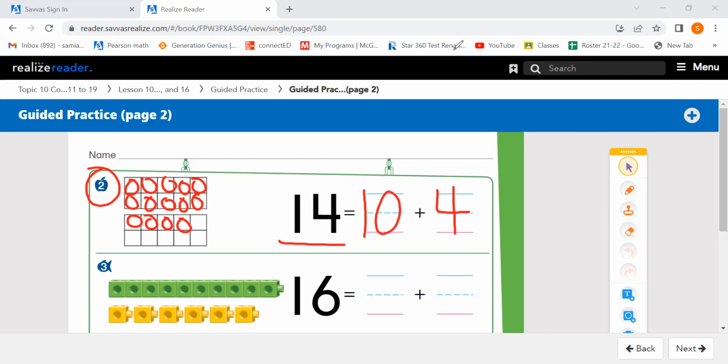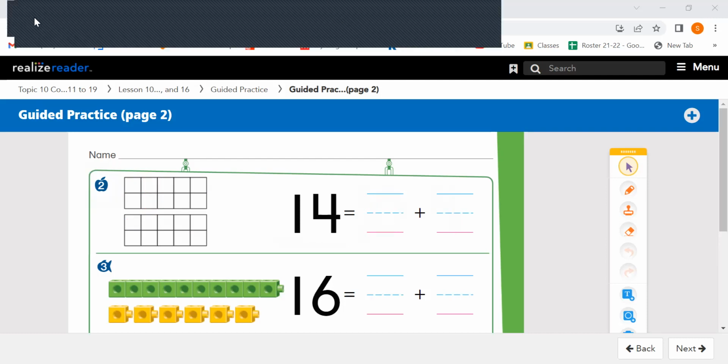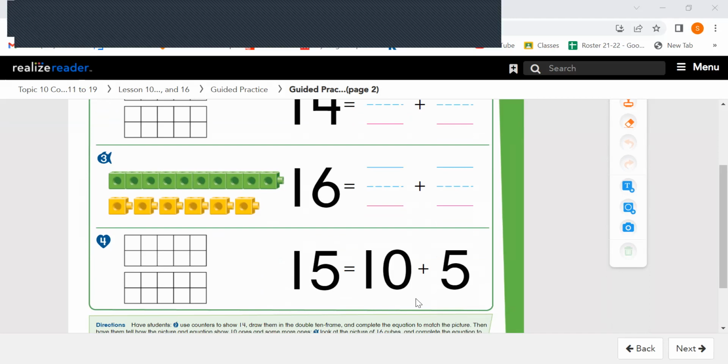Let's go to number 3. And we're going to do the same thing. So now we have cubes. So we're using 16 cubes. We're going to complete the equation to match the picture. So how many green cubes do we have?